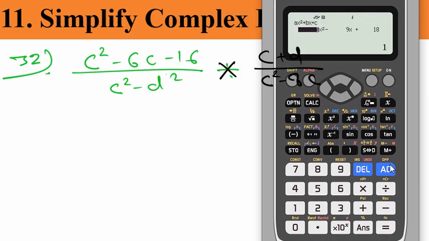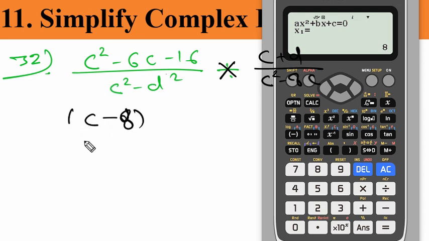Okay, let's move on here. A is 1, B is negative 6, C is negative 16. Okay, so this time it is C, so that is C minus 8, right?